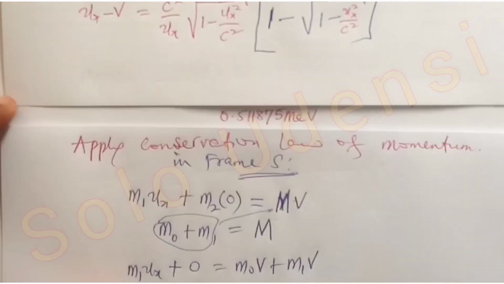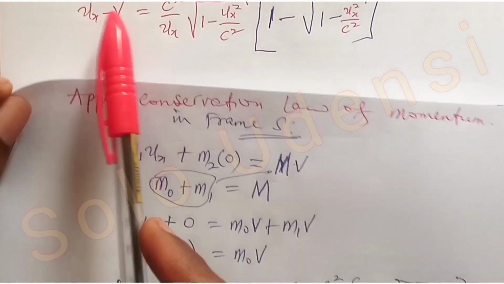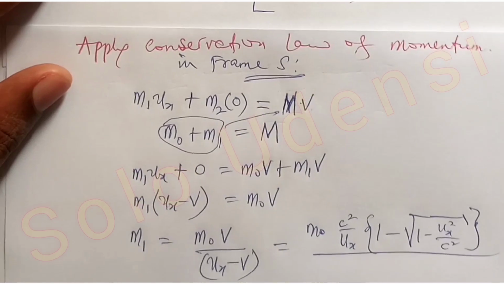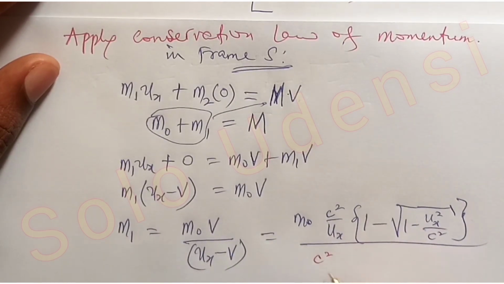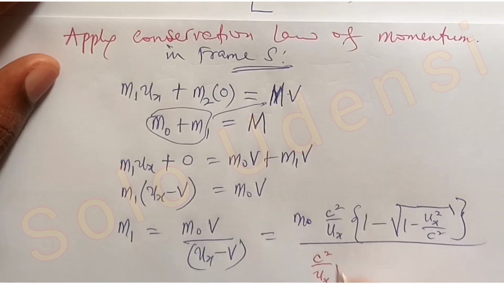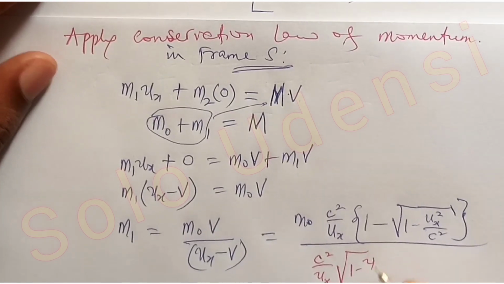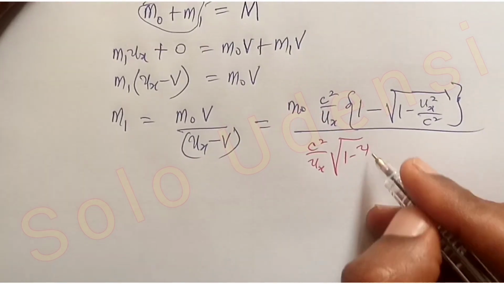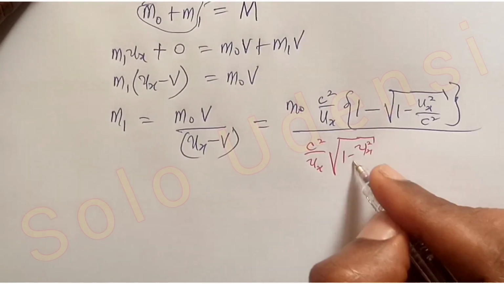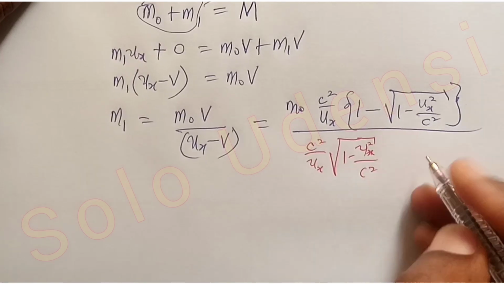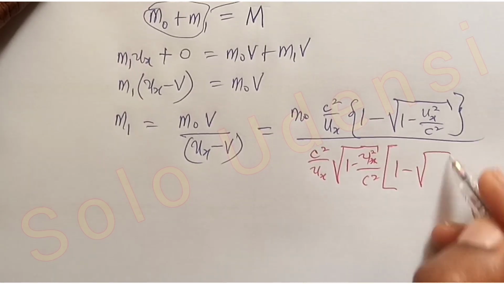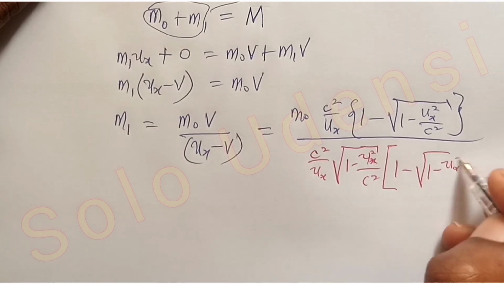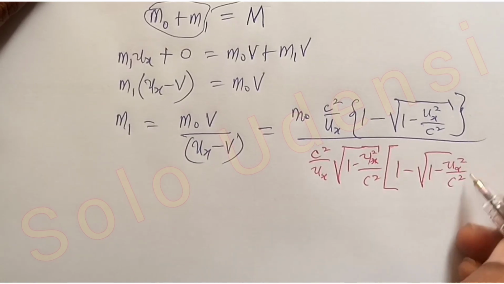And now this we know to be this, we put it down: c squared over ux, square root of 1 minus ux squared over c squared, into 1 minus the square root of 1 minus ux squared over c squared.